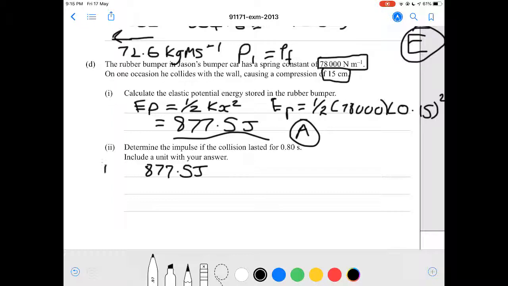So we know EP equals 877.5 joules, and F equals kx, getting calculusy here. They've already given you 78,000 newtons per meter, and they've given you the compression, 15 centimeters.